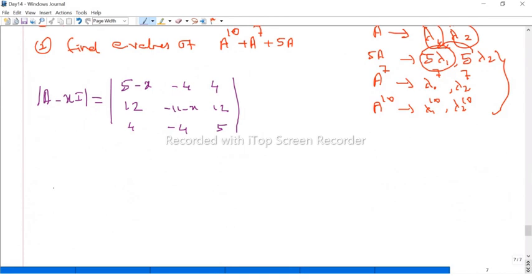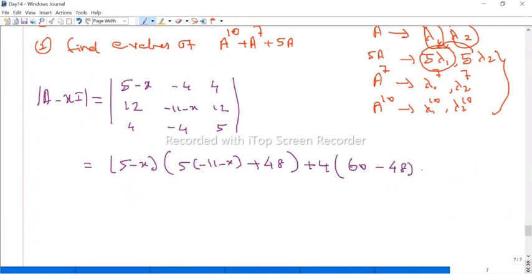We can expand via the first row: 5 minus x times 5 into minus 11 minus x minus plus 48, then minus plus 4 times 60 minus 48 plus 4, the last number, into 48 minus 4 into minus 11 minus x.